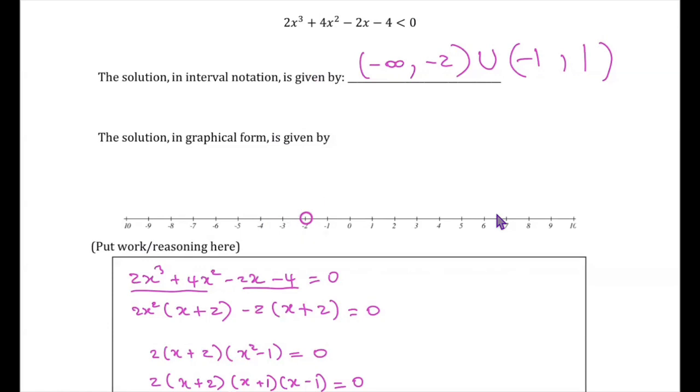Also open on -1. Also open on 1. And it's going to be from -infinity to -2. And then from -1 to +1.